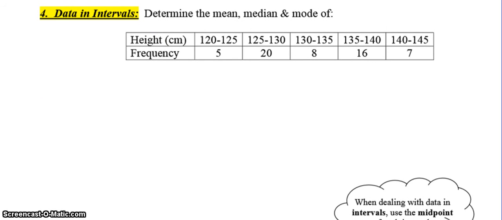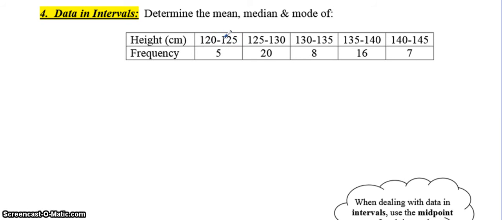This would be the hardest one you would get here. What you have in this case are intervals. So if you're looking at the height of different people, there are 5 people whose heights are in between 120 and 125. You don't know where they are within that range. They could all be 120, they could be in between.